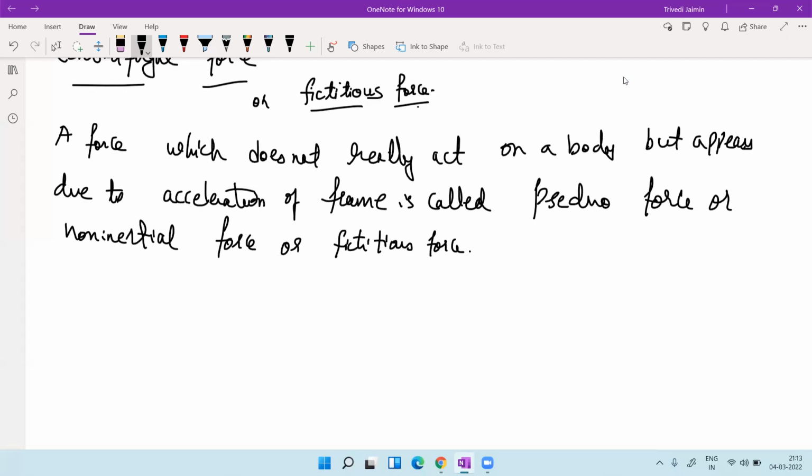So the bus is moving, we are inside the bus, so we are also moving with the bus in whatever direction. We don't have any direct contact with the road or any other force. We are in indirect contact.